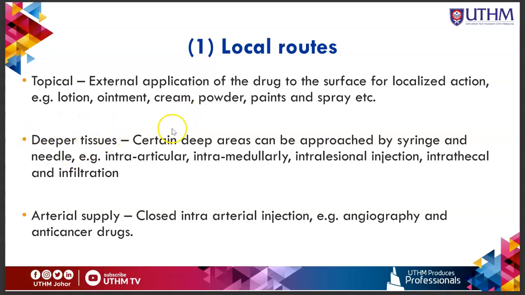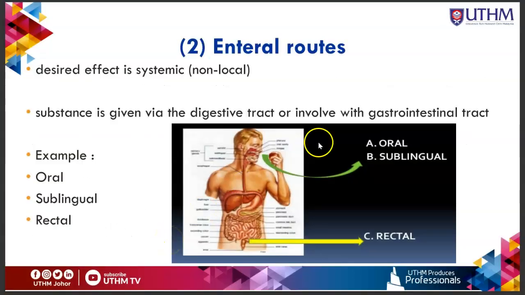For deeper tissue, certain deep areas can be approached by syringe and needle. So, example, intra-articular injections or infiltrations. For arterial supply, a closed intra-arterial injection, for example, the angiography or the anti-cancer drug.